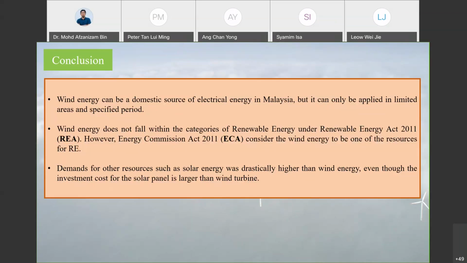Also, the demand for other resources such as solar energy is drastically higher than for wind energy, even though the investment cost for solar panels is higher than for wind turbines.